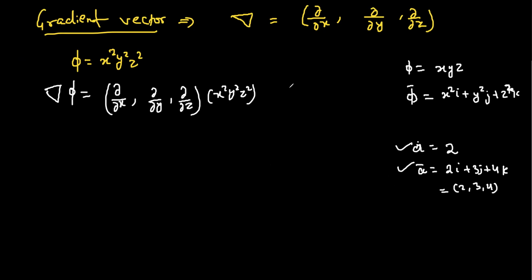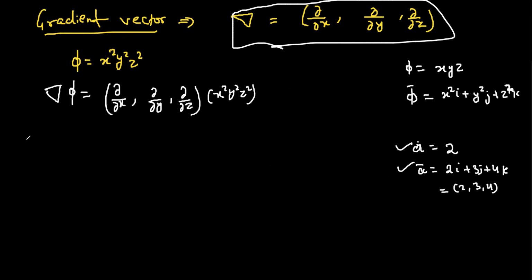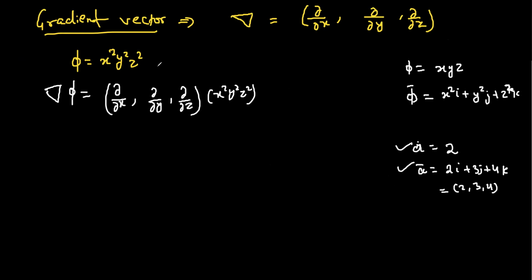So this is a vector quantity. This is a scalar quantity because it is not represented in brackets like this. Anything which contains i, j or k, you can say that is a vector.